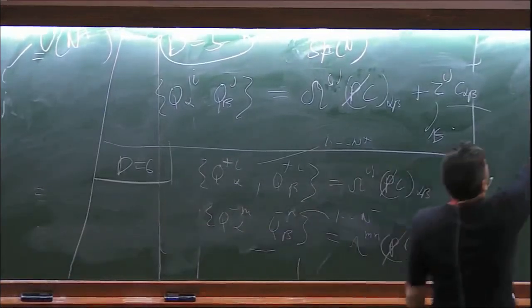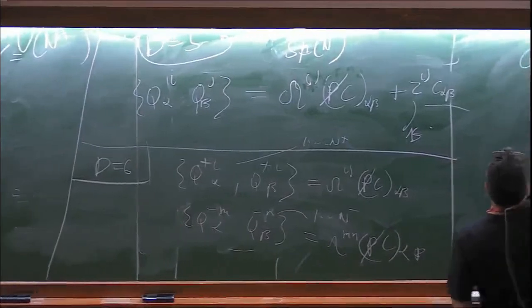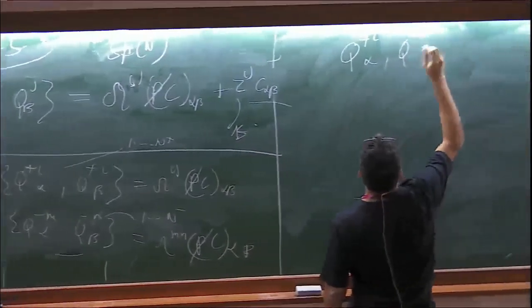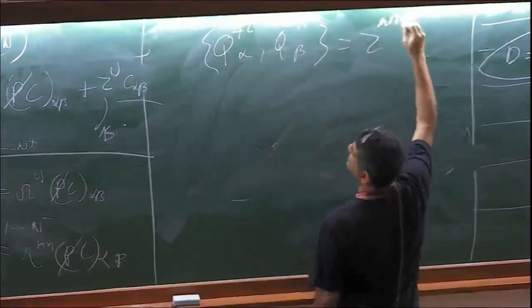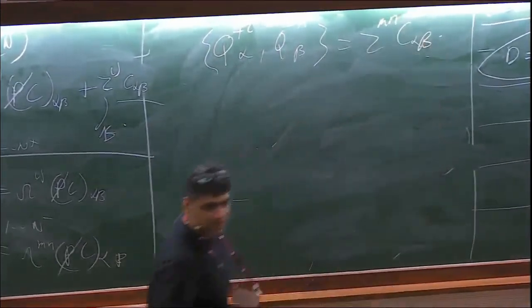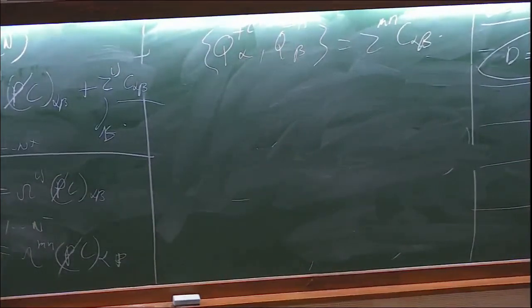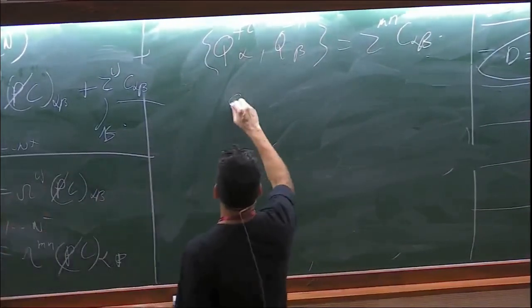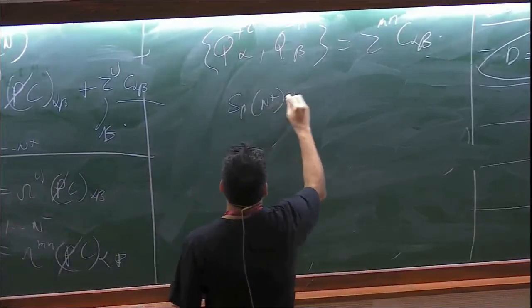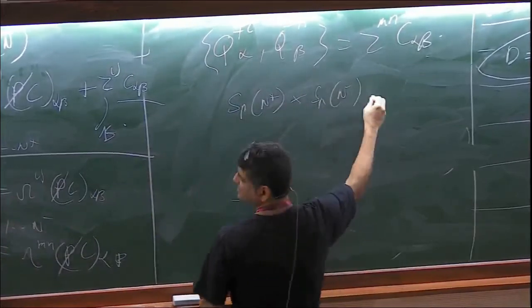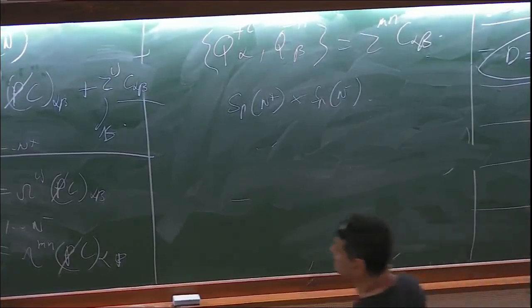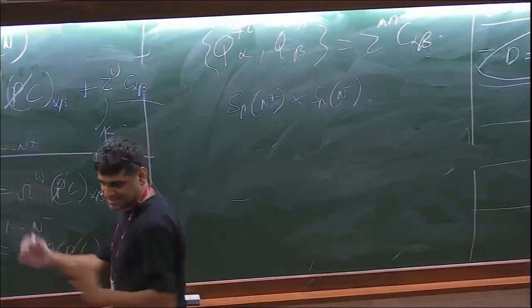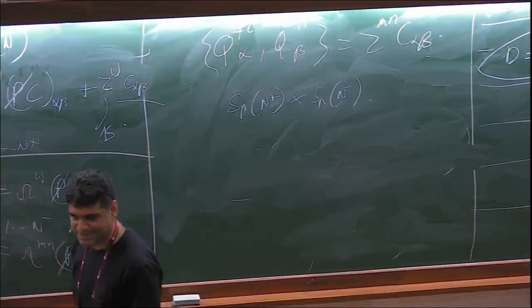And Q plus i alpha, Q minus m beta, is equal to Z mn C alpha beta, where Z mn has no particular symmetry properties. The automorphism algebra in this case is Sp(n plus) times Sp(n minus). The two omegas are different because one acts on an n plus times n plus dimensional space, the other in an n minus times n minus dimensional space.